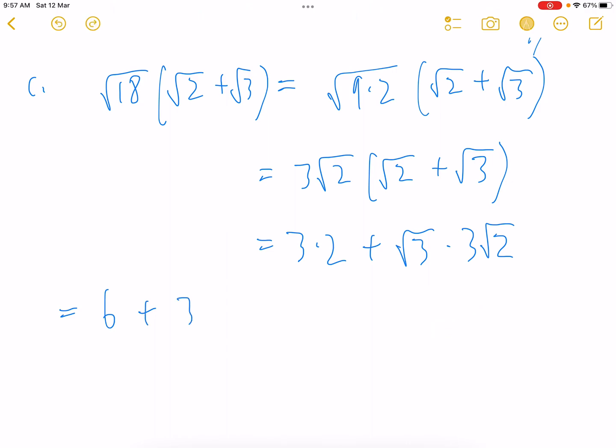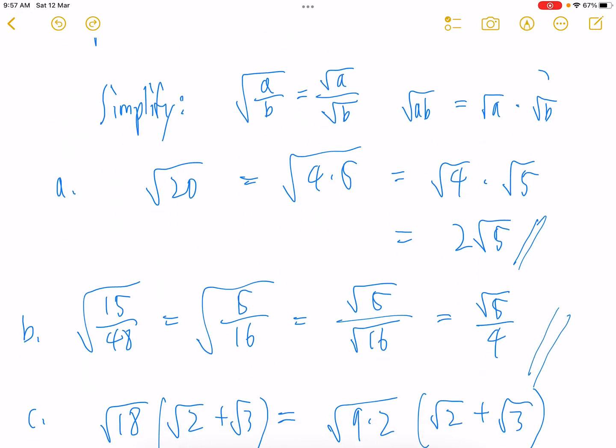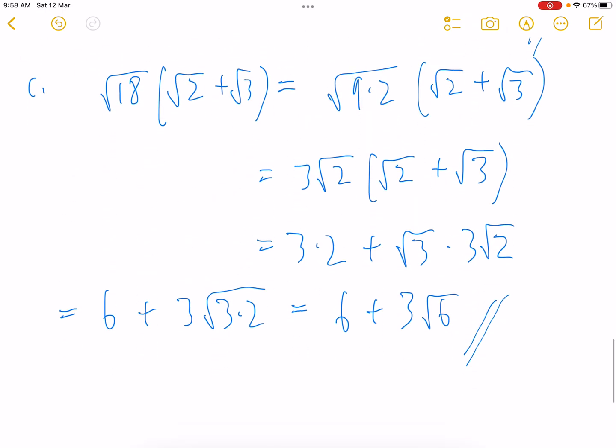Anyways, I'll do it here. 3 times square root of 3 times 2. According to this property, right? We're just doing it the opposite way. We're going from here to here, but it's just the same. And it gives us 6 plus 3 times the root of 6. And yes, that is our simplified version.